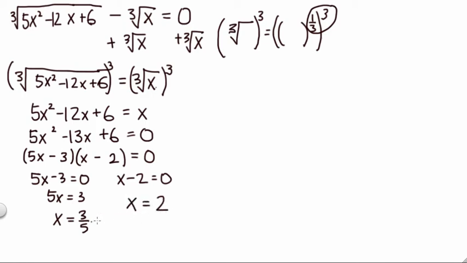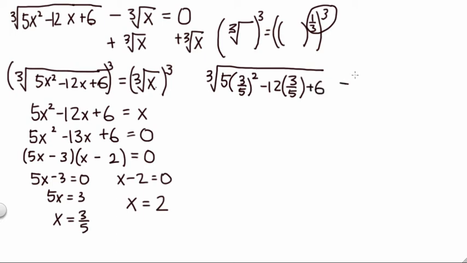Now what we have to do is plug it into the original expression to make sure it works. Let's start with 3/5. We're trying to find the cube root of 5 times 3/5 squared minus 12 times 3/5 plus 6, minus the cube root of 3/5.